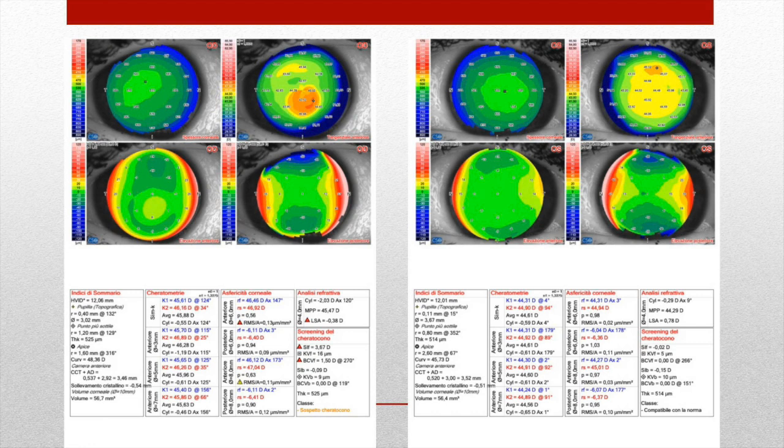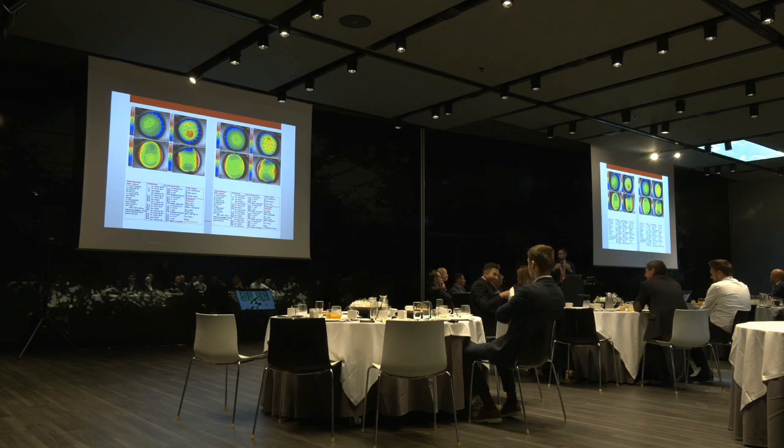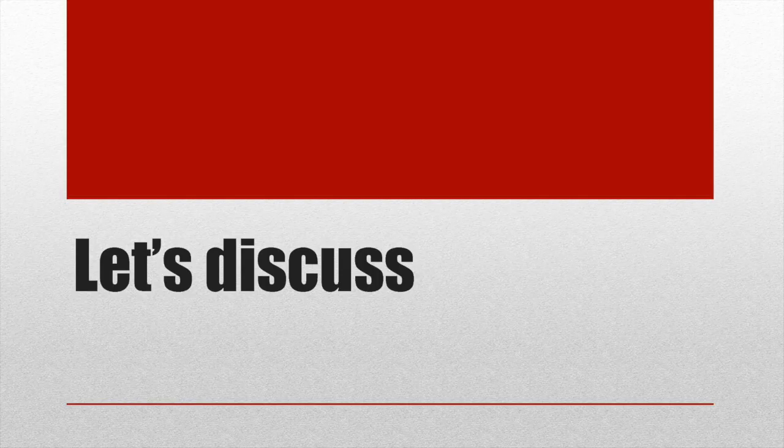Obviously the affected eye is the right one, in which you have this inferior steepening, and the left eye looks normal. So who would say in this room that the right eye, without the epithelial map, is a keratoconus? You have anterior, posterior elevation, you have everything except the epithelium.